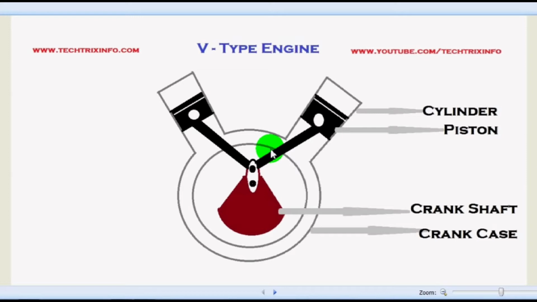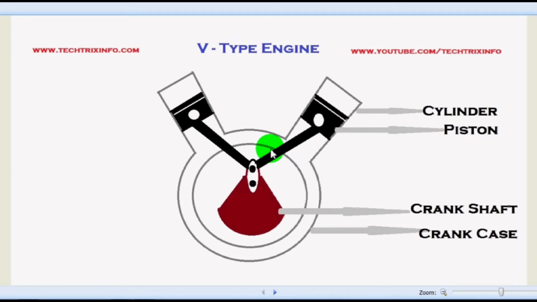Besides, the overall length and height of the engine are decreased. The weight to volume ratio is also lower compared to an inline engine, so that's an advantage for V-type engines. However, there are uneven intervals between the power impulses, which take place every 270 degrees and 450 degrees of the crankshaft rotation.